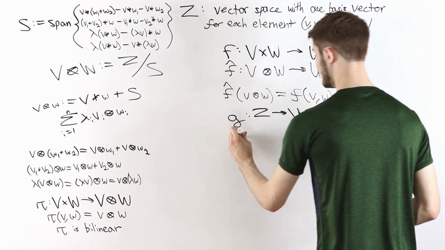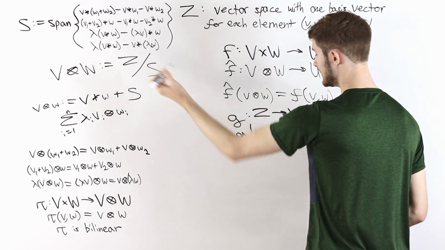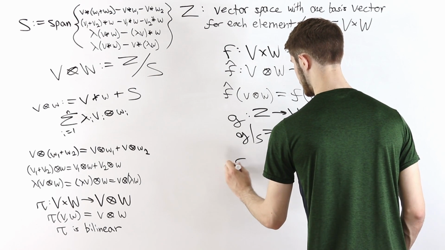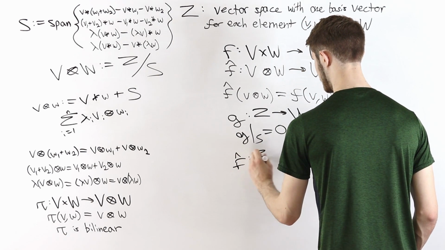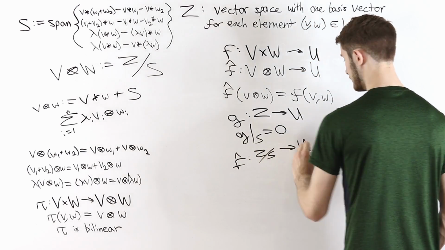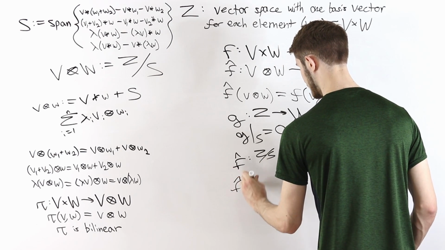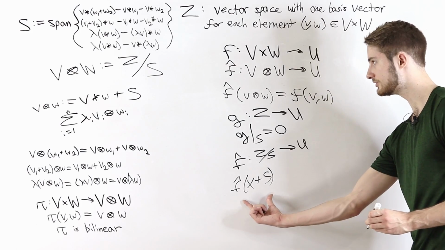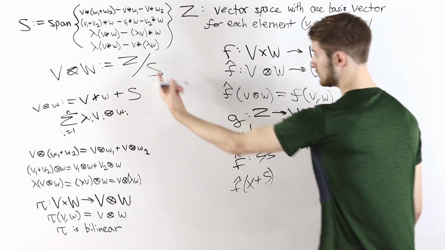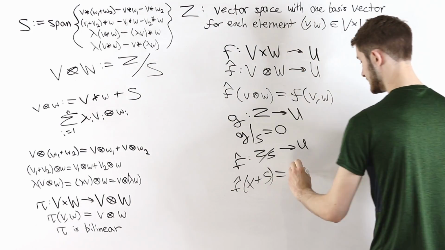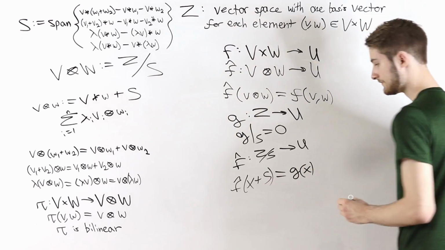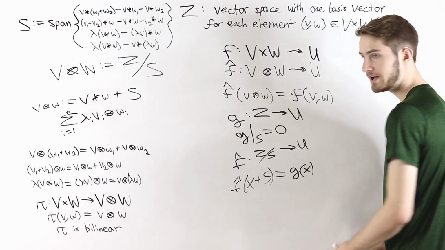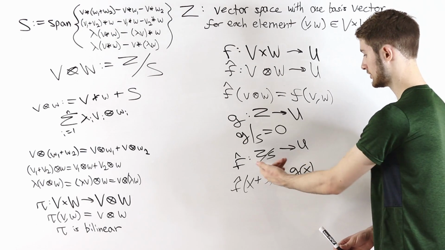If that's true, if g restricted to any element of S just gives us 0, then we can define a function, we'll call it f hat, from Z mod S to U, by just saying f hat of some element x plus S, so this is a coset in Z mod S, where x is an element of Z, we can just define this as g of x. And because g is 0 on the subspace S, this automatically gives us a well-defined function on the quotient.